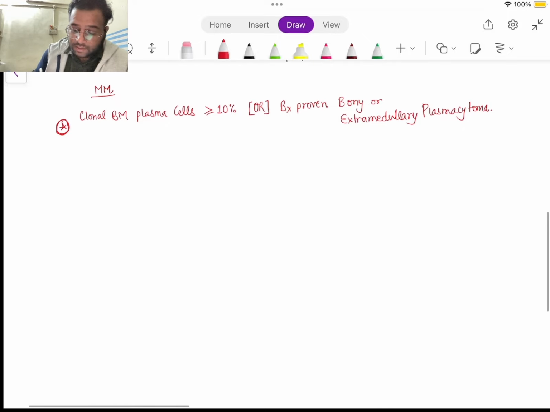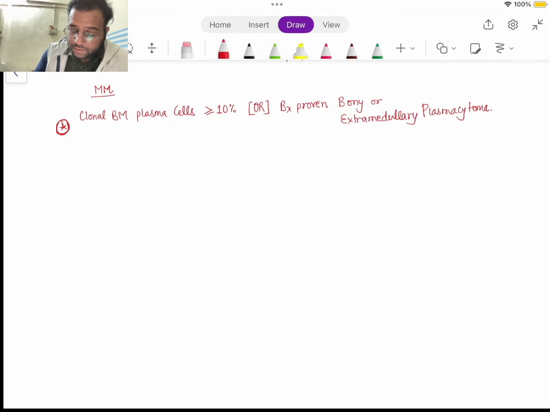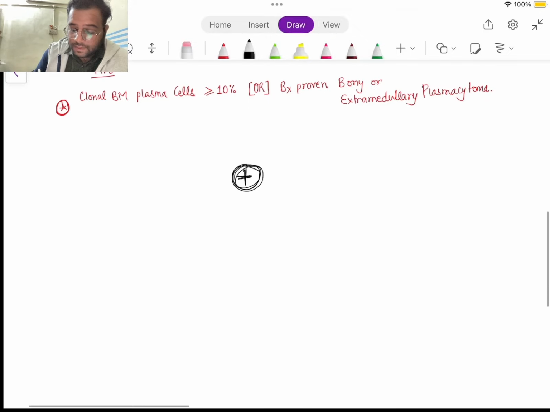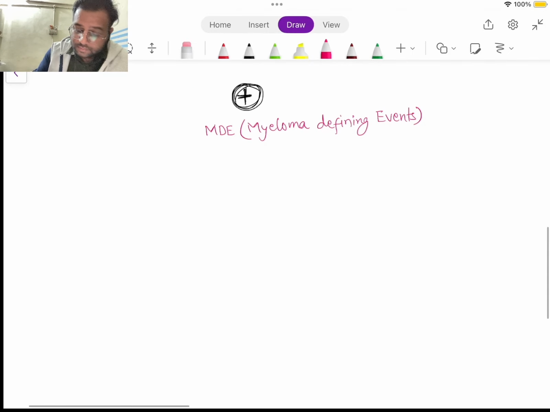Okay, along with that, what do we need? Myeloma defining events. What we call myeloma defining events. Okay, what are they?